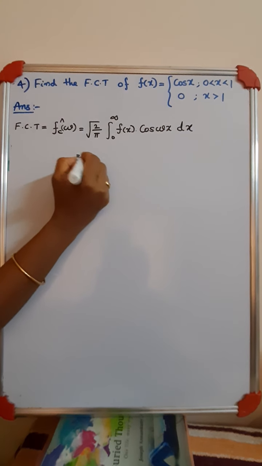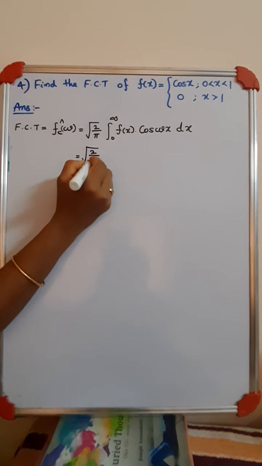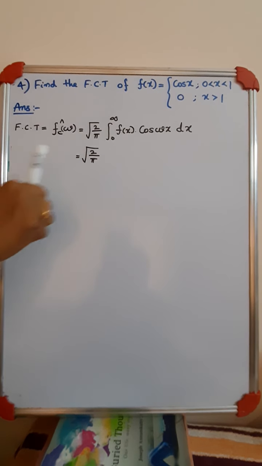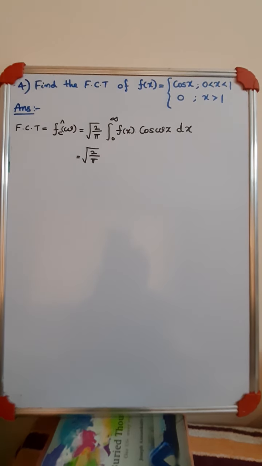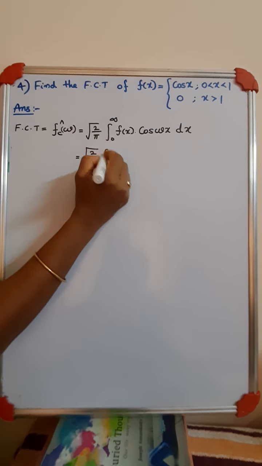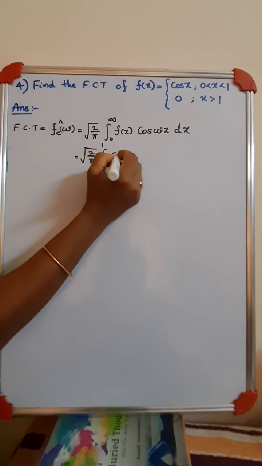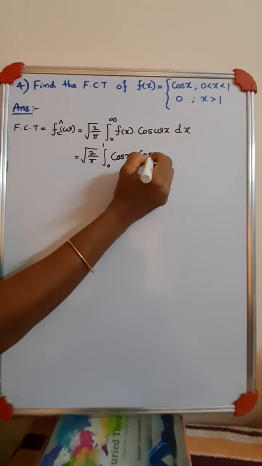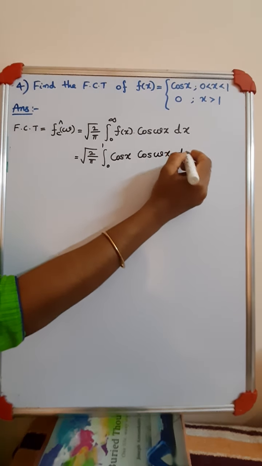Just apply the result. Then f(x) has a non-zero value cos x in the interval 0 to 1. So integral 0 to infinity becomes integral 0 to 1 cos x into cos omega x dx.